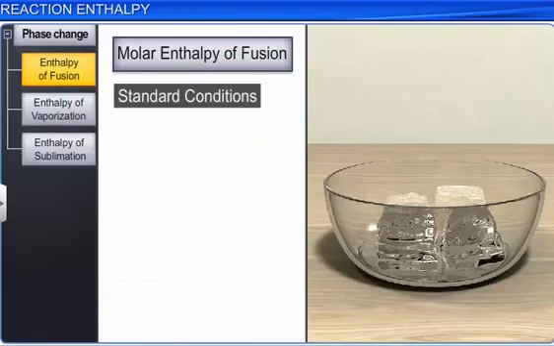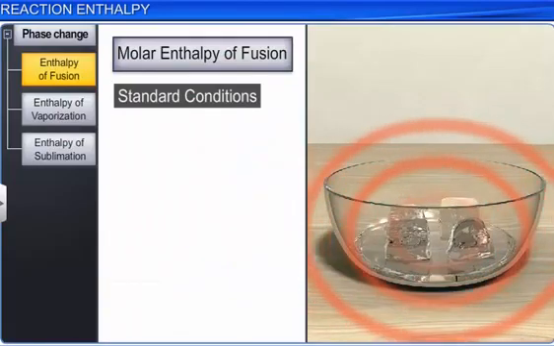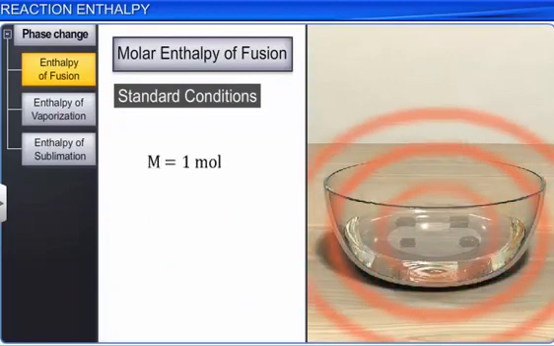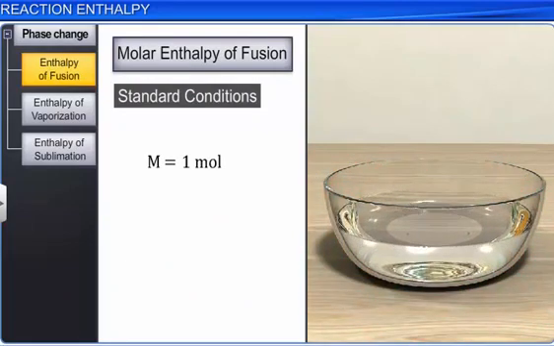Standard enthalpy of fusion is the enthalpy change accompanying the melting of 1 mole of a solid substance in standard state into its liquid state. It is also called molar enthalpy of fusion and is represented as delta fusion H naught.